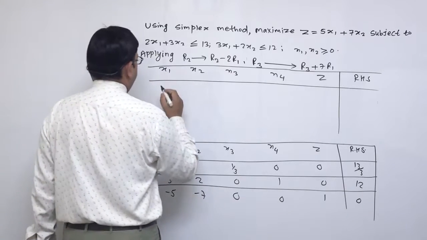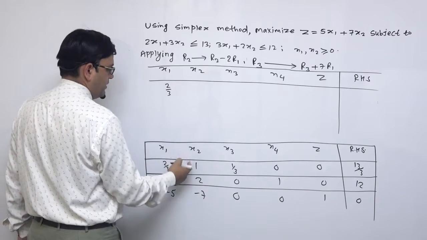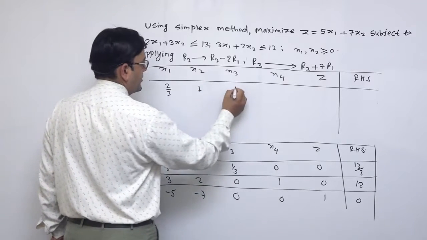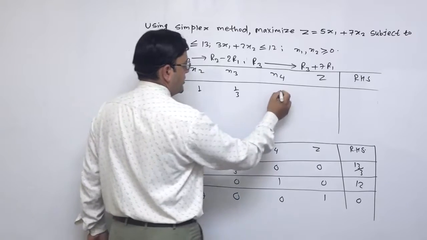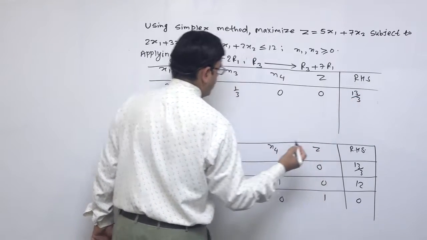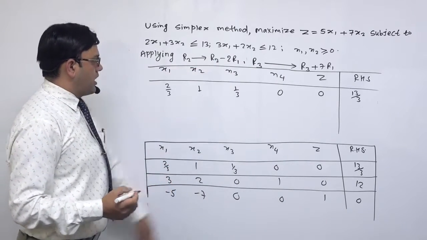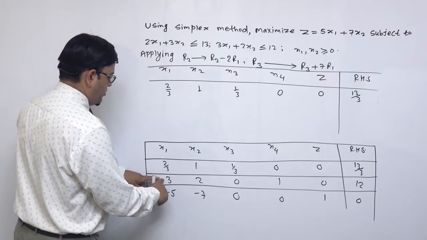We have x1 is 1, we have x2 is 2/3 and then this one is 1 and 1/3, similarly this one is 0 and this is also 0 and this 13/3. Now R2 changes into R2 minus 2R1.